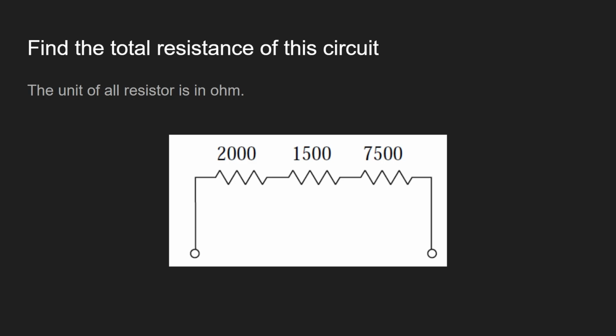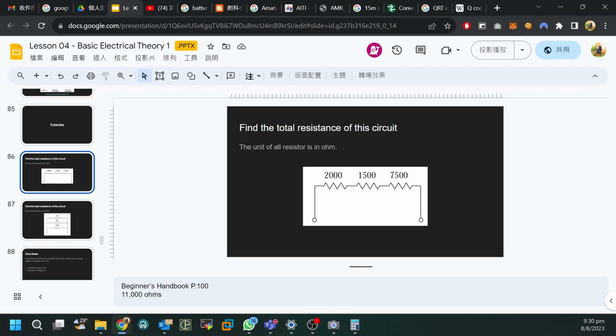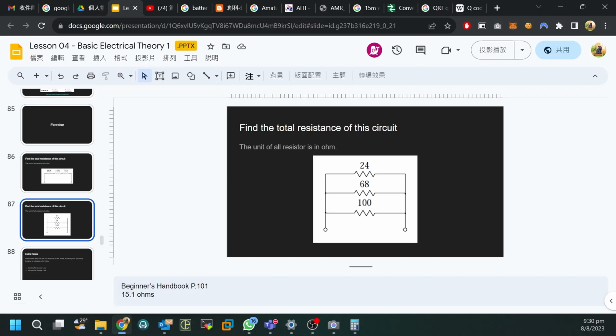Even if you add up to this number, it may not appear directly in your MC choices. Do I have to explain why it is 11k ohm? K means 1000. So I make it more explicit. Let me check my numbers. Yay, okay.